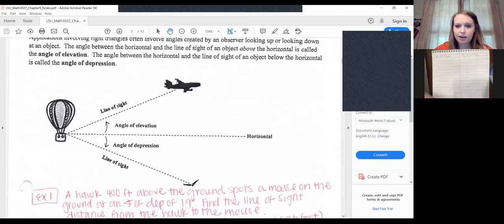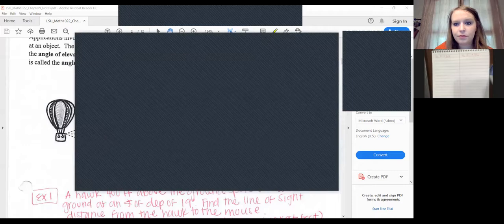I can show y'all that on here. Give me a second to make this the big screen. Okay, so if you have an angle of depression, say there was a plane up here looking down at something over here, this angle is your angle of depression right there.